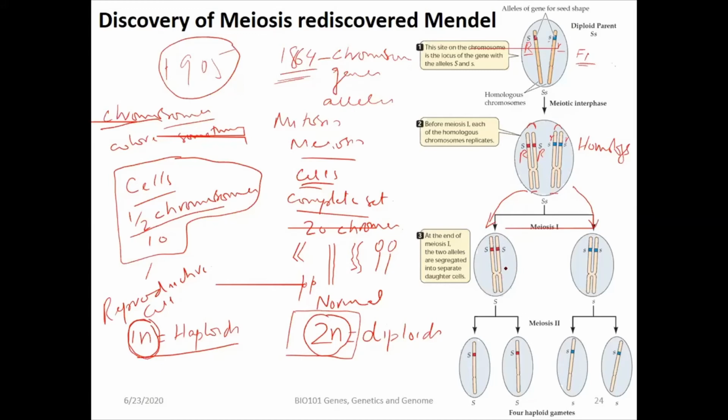Now in meiosis 2, on the spindle fibers, this sister chromatid goes in this direction, this one in that direction, and then you have two cells which have half the number of chromosomes. This is one chromosome as compared to this one, which had two. So from one diploid cell, which was 2n, you end up with 4 haploid cells.